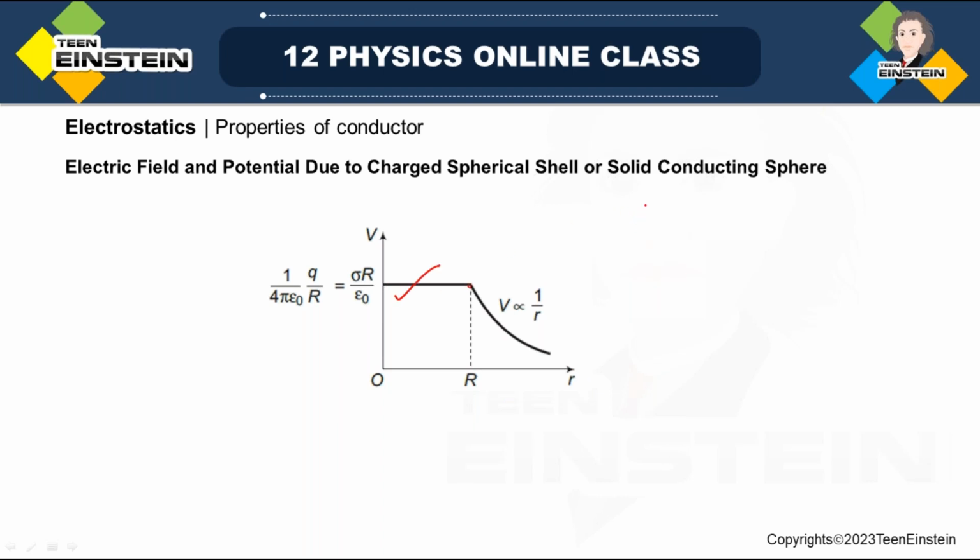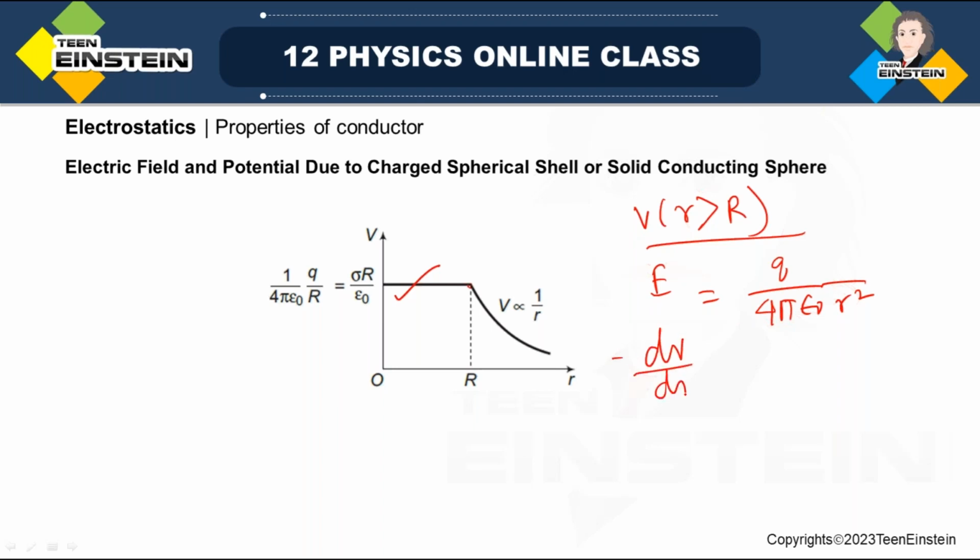But outside the surface, we have to find out V at any external point. We have already found out electric field. What is that? Q by 4 pi epsilon naught r square. Now minus dV/dr is this, right?